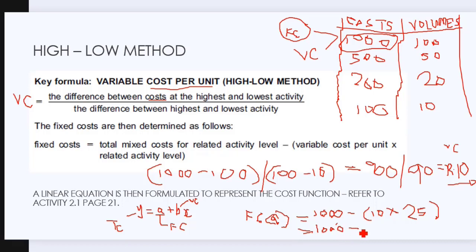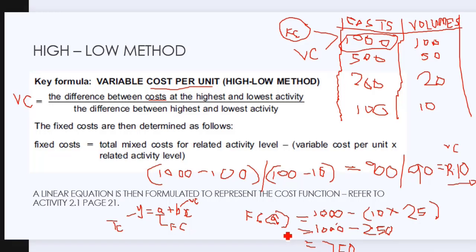Please check what's 10 times 25? It's 250. And what's 1,000 minus 250? Guys, come on. 750. Yes. So in this instance, 750.